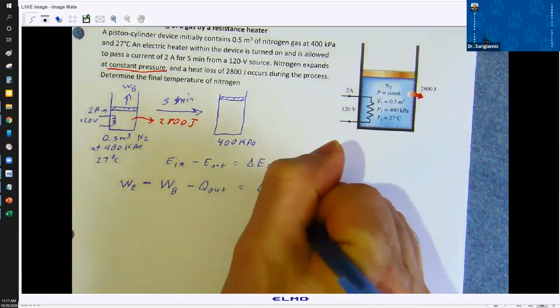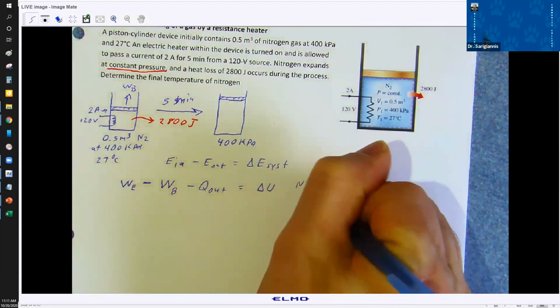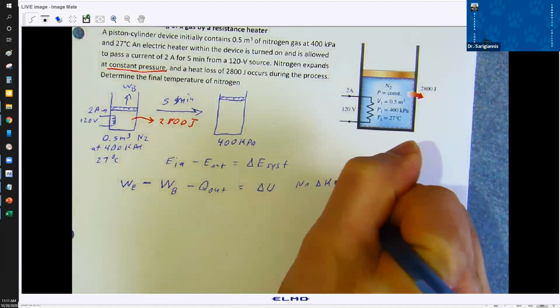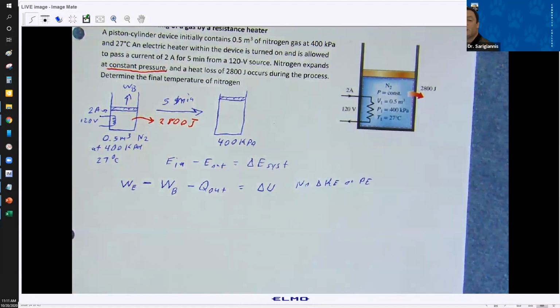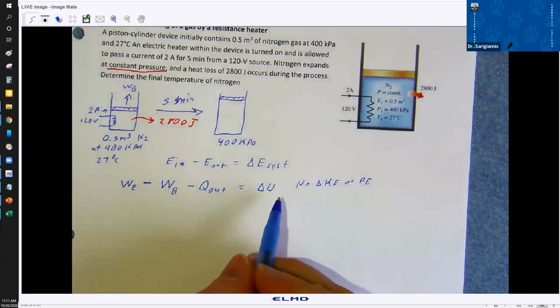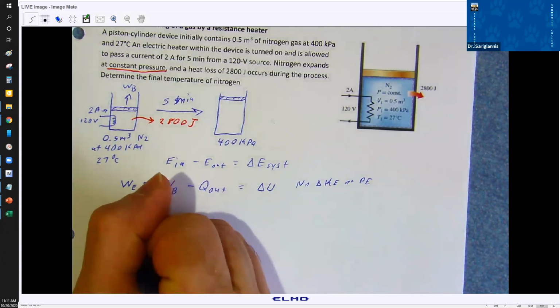Now, we have delta U and no delta kinetic energy or potential energy. Right, so there's no change in potential energy or kinetic energy of the system. It's stationary, it's just sitting there. So we can rewrite this. Well, we can write the whole thing for a closed system, right?